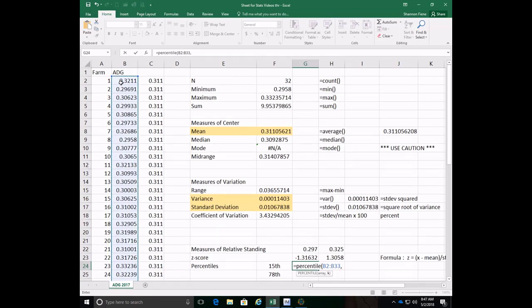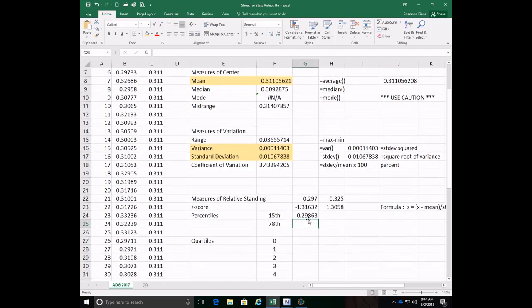We're going to put it in as a decimal, 0.15. So the 15th percentile of this data would be 0.2986. If we want to know our relative standing, we can see that we're approximately near the 15th percentile. And we could find this for, say, the 14th, the 13th, until we actually got that value.